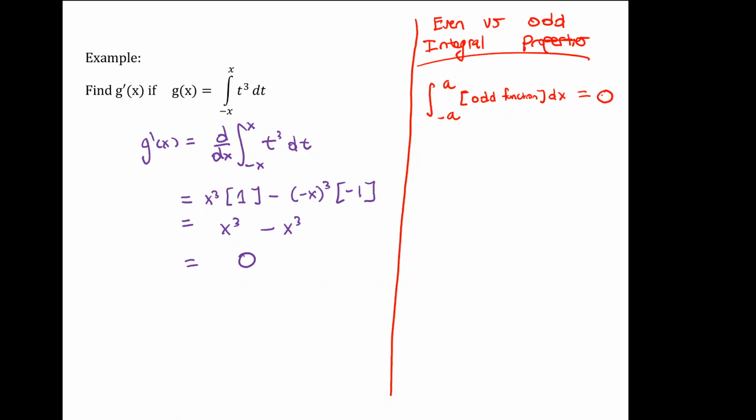So odd functions are like x, y equals x is an odd function, y equals x cubed is an odd function, y equals x to the power of 7 is an odd function. And the second property is, if we're integrating from minus a to a of an even function, we won't get 0, we'll get 2 times the integral from 0 to a of that even function.